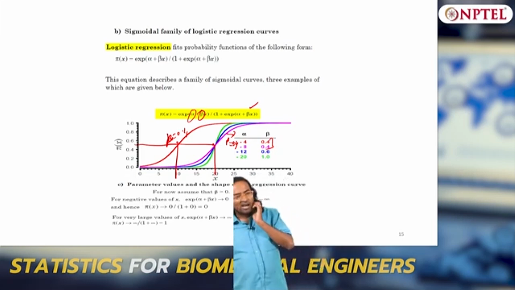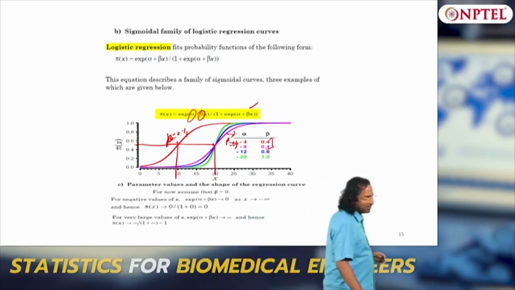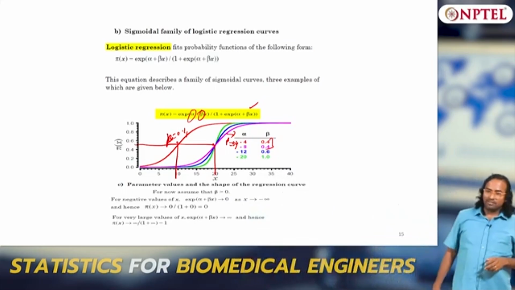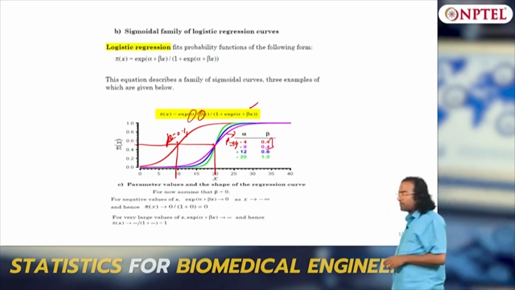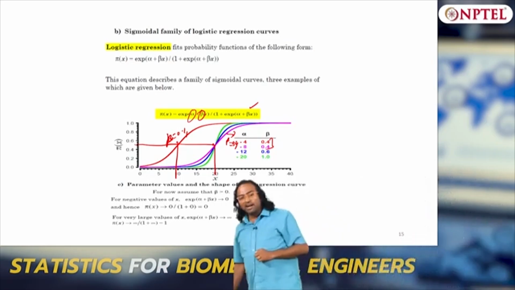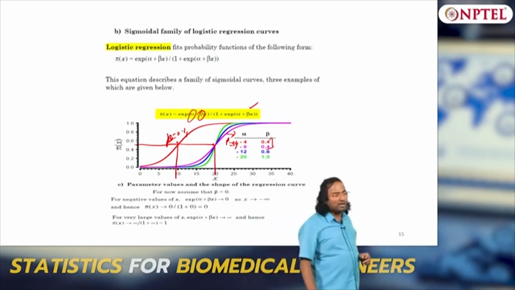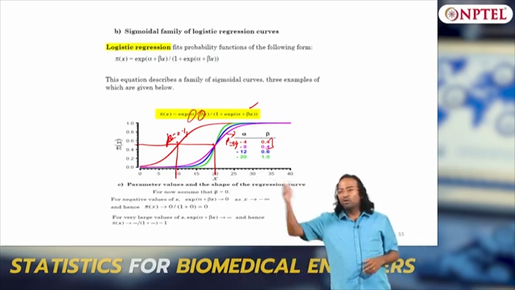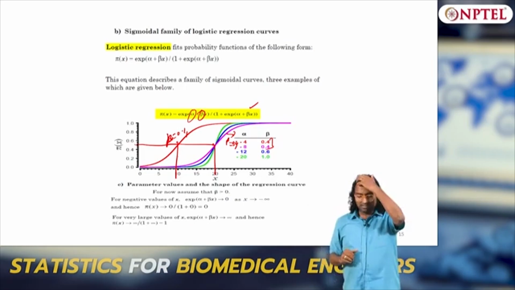In other words, alpha dictates your confusion point, the point at which the probability is 0.5. The value of x at which the probability is 0.5 is determined by your alpha, and your beta determines the rate at which it changes from one level to another level.